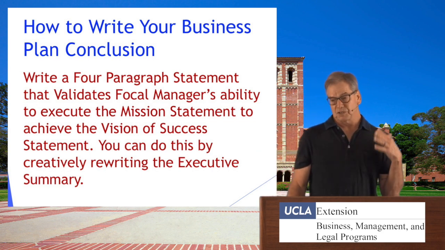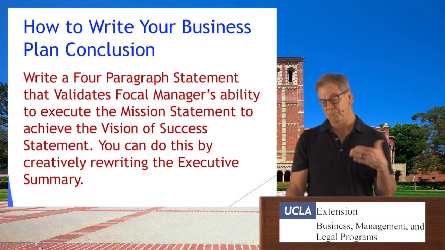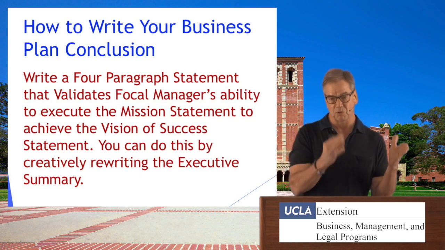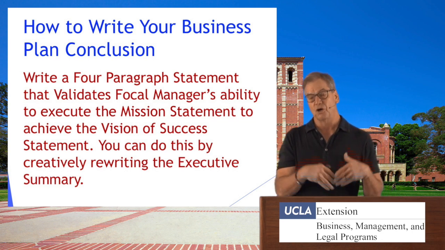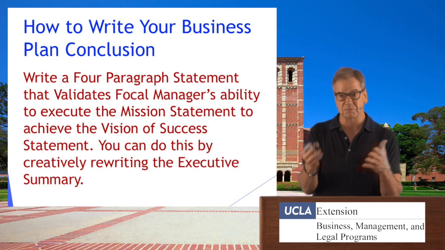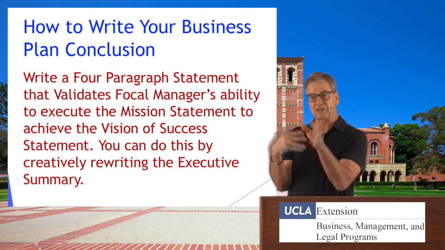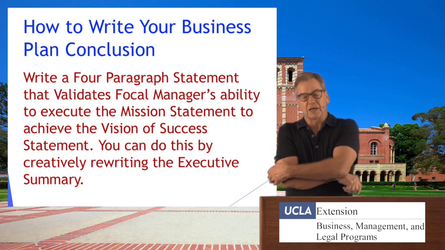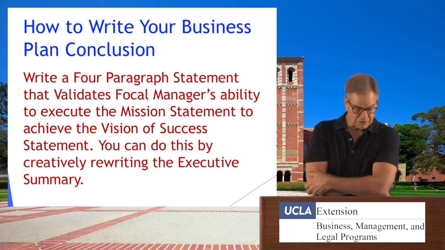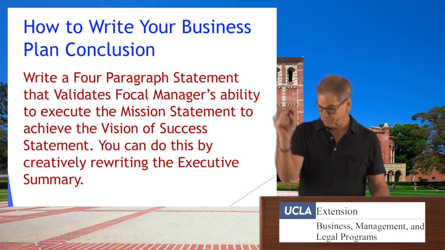You might say, as you can see, the focal manager has earned the right, has acquired all the experience, and everything here shows that everything's set up and ready to go to execute the mission statement to achieve the vision of success statement, and then done.